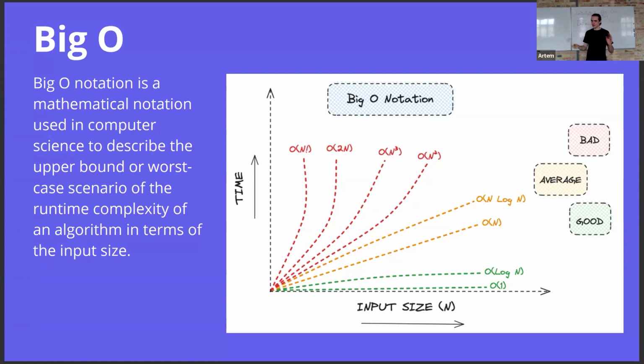Maybe something else, maybe some detail. So we have the size of our linked list. We know it's our input value.